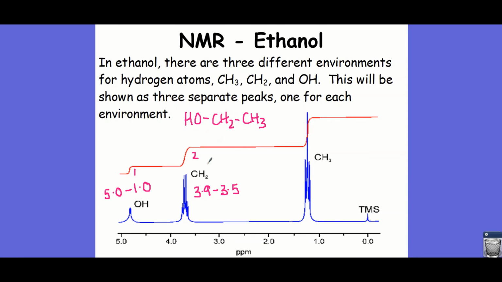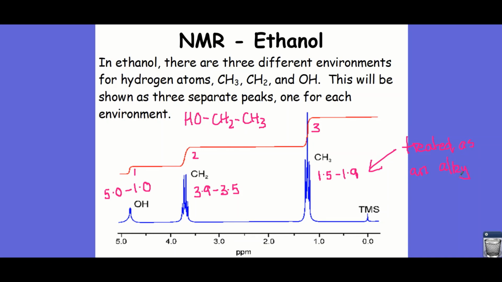It's got a different chemical shift because it's a different environment when it's attached to a hydroxyl rather than another methyl group. And then we have our CH3 group, which when attached to a CH2 group, we have a shift of 1.5 to 1.9, and there's 3 hydrogens there. So this is treated as an alkyl group.